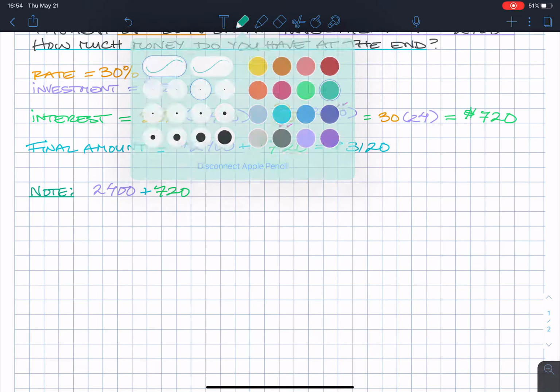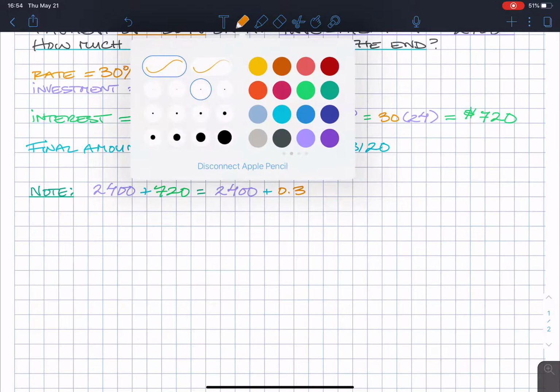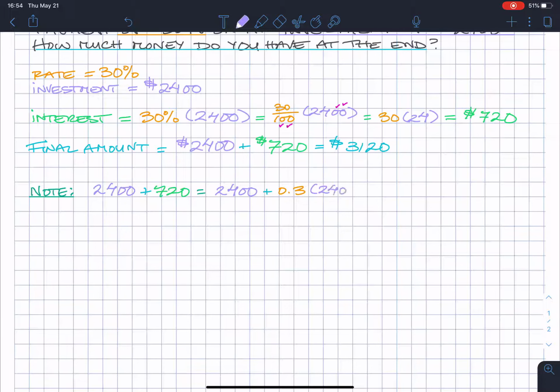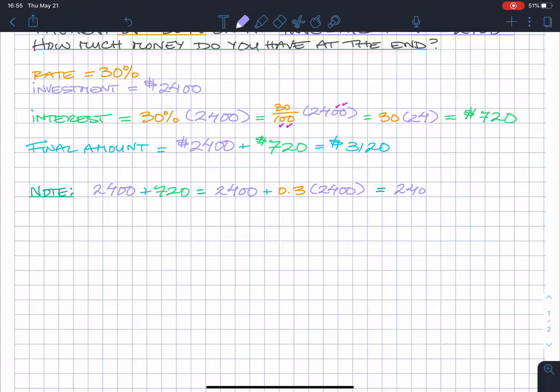Well, I got there by saying, okay, so this is 2,400 plus, it was really 30% of, or 0.3 times 2,400. So I could factor out the 2,400 out of these two terms, which means I divide each term by 2,400. So the first term just becomes 1, and the second term just becomes 0.3.